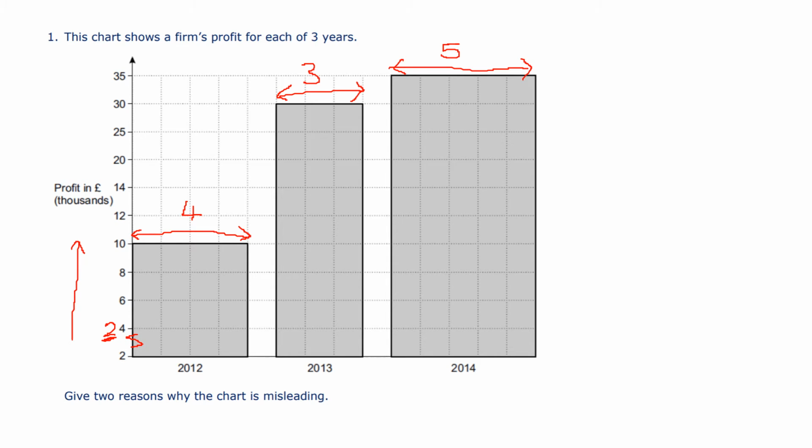That bit's fine. But then we have this massive jump here of 6 to get to 20, and then it starts going up in 5s. So that's making it look as though 2013 and 2014 have been a lot more profitable than 2012. So that's also misleading. So you need to have a look at the scale. That scale does not go up in even steps, so that's also misleading.